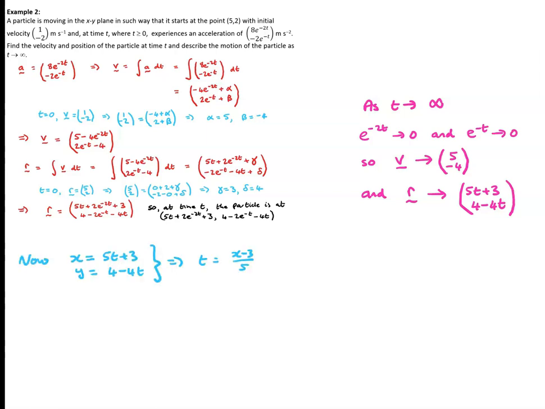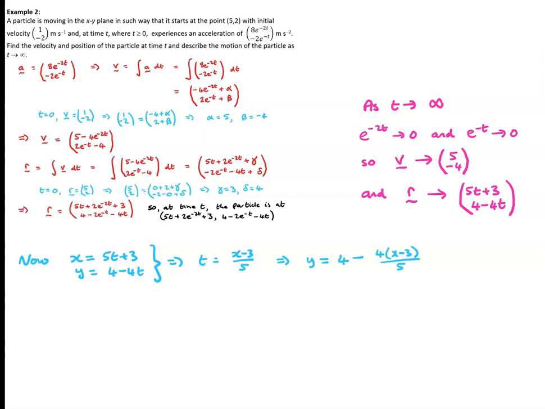So, the point that the particle's at is getting closer to having an x-coordinate of 5t + 3 and a y-coordinate of 4 - 4t. And if we eliminate t from the x expression, we get t equals (x - 3)/5.